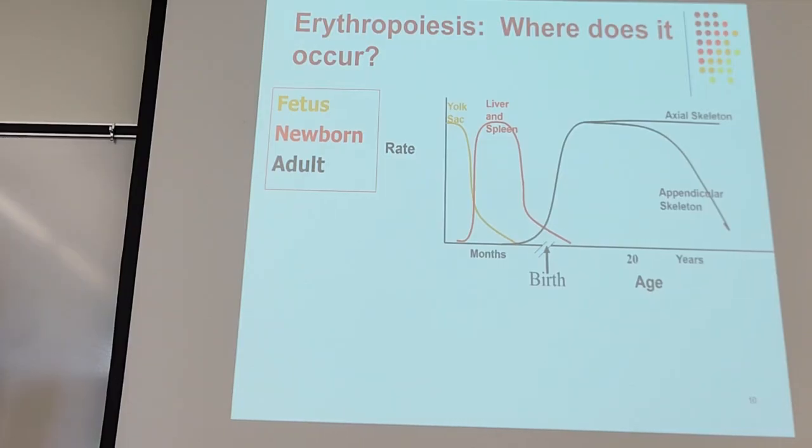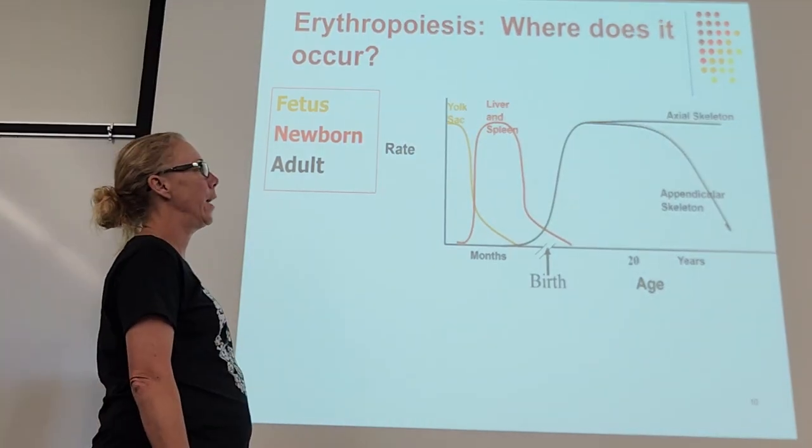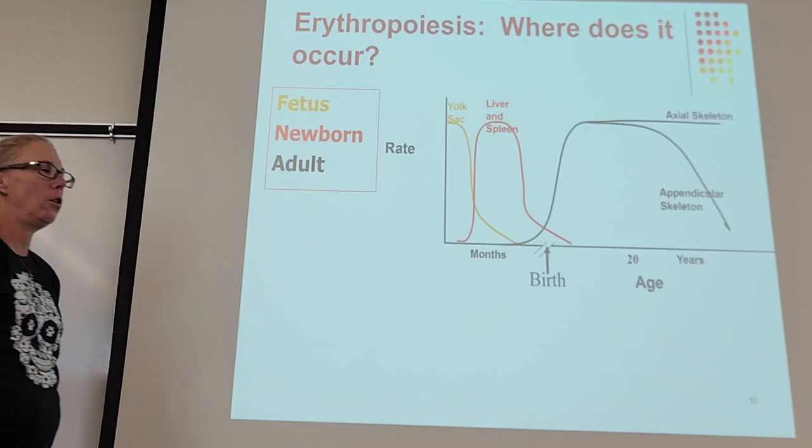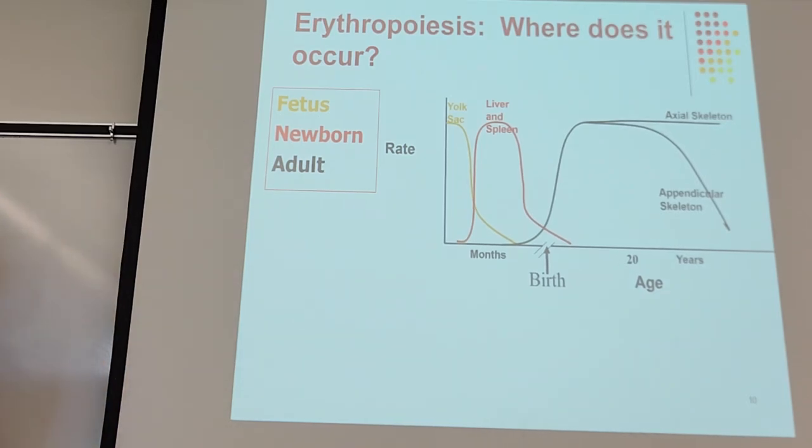If hematopoiesis is the formation of all blood cells, what is erythropoiesis? Formation of erythrocytes, the red blood cells. When you're a fetus, in the early stages of existence, you start making red blood cells in what's called a yolk sac.